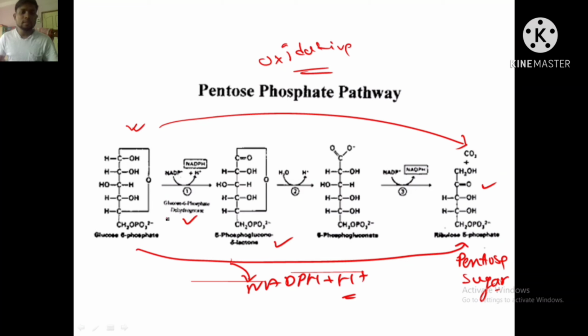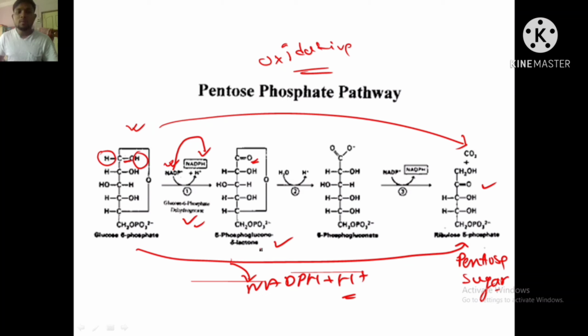I told you the first enzyme that is used here is glucose 6-phosphate dehydrogenase, and this will convert NADP positive to NADPH plus H plus by taking 2 hydrogen from this carbon. Okay, got it. Now this 2 hydrogen has been removed and taken by NADP positive, so it will convert it into C double bond O bond.